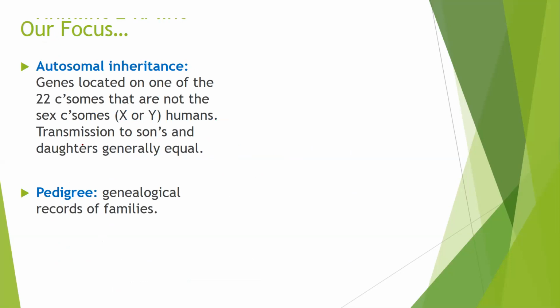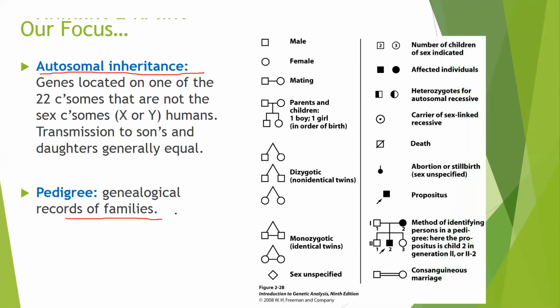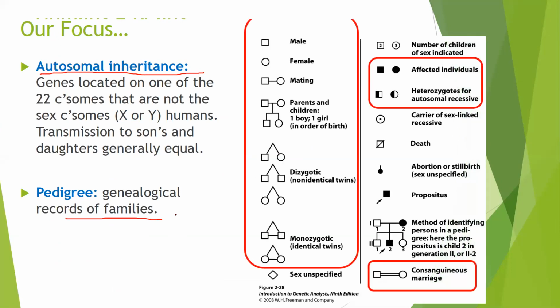Okay, so as I mentioned, in this chapter we're going to focus on autosomal inheritance, so this is irrelevant to the sex chromosome. And the pedigree means the record of a family. So for example, we're going to use these commonly used notations to help us generate a pedigree. Those are very important, so I hope everyone understands this.